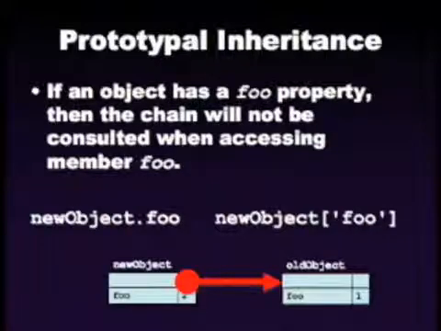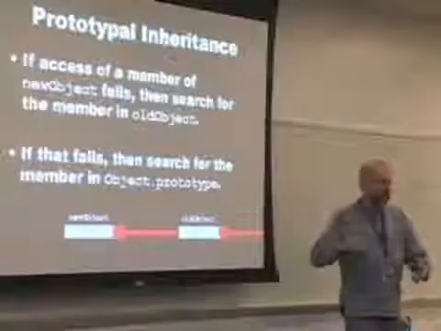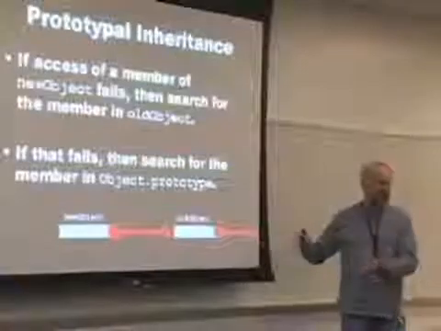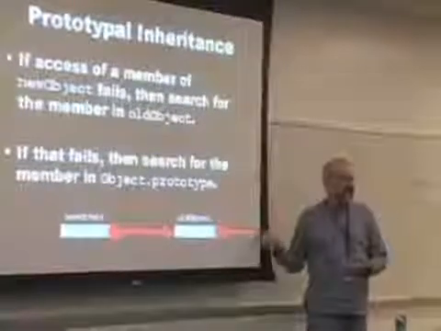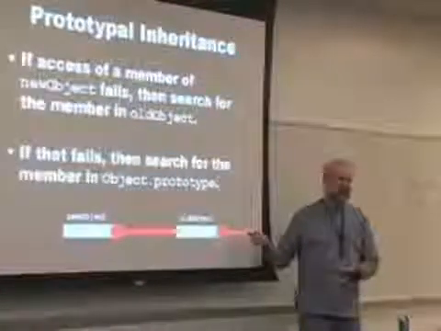And if it does, then it provides the access. If the access fails, then we can continue the search from this one. This one will have a link as well, and we'll follow it as many times as we need to. Ultimately, it stops at Object.prototype. Object.prototype is always the end of this chain.